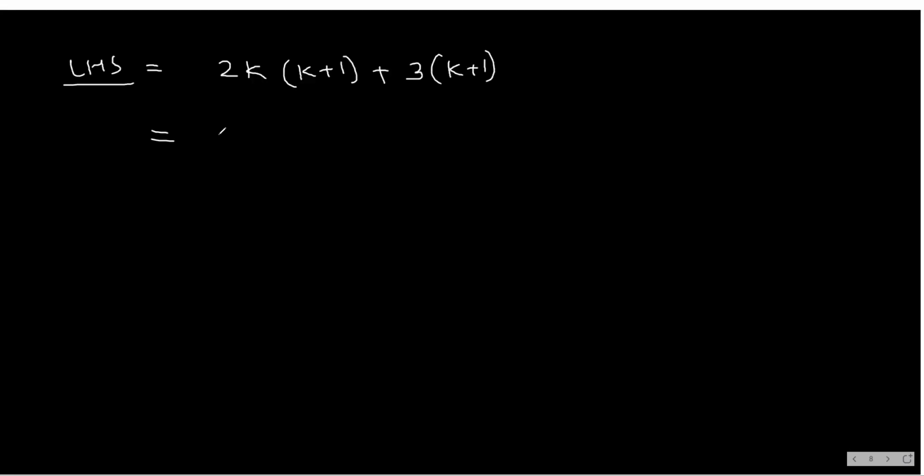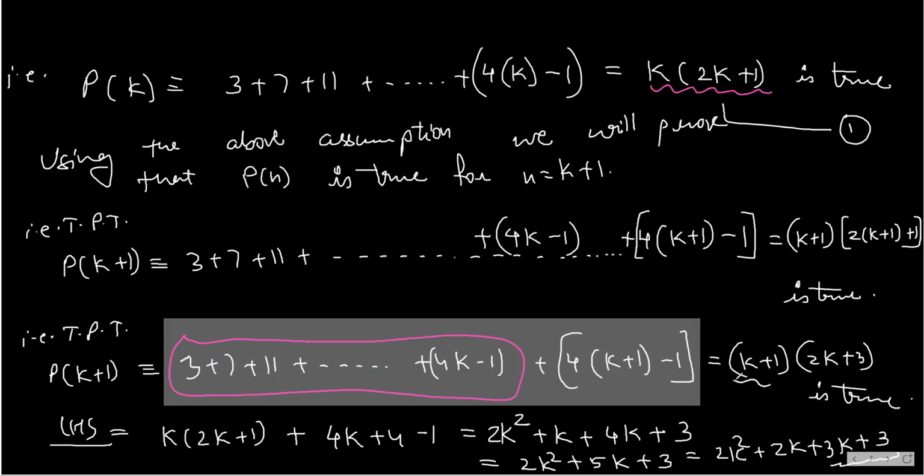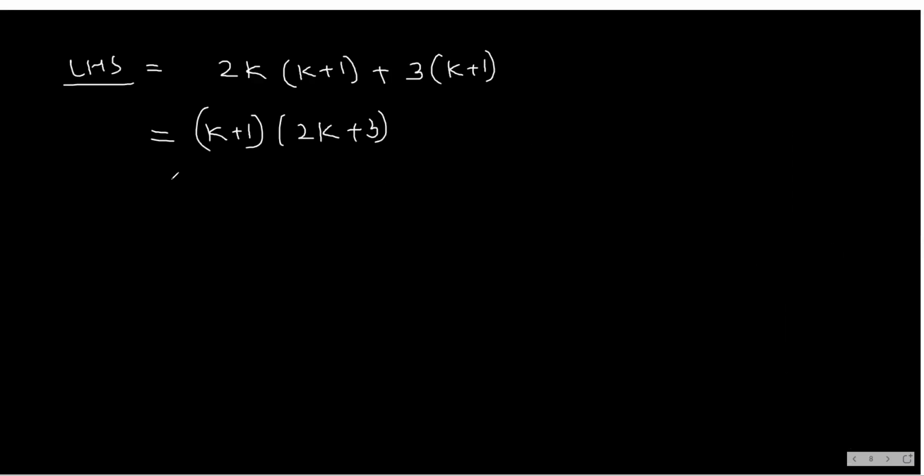Now we have two brackets, k plus 1 and 2k plus 3. You can check, this is your RHS. You check this, k plus 1 into 2k plus 3, which is RHS.